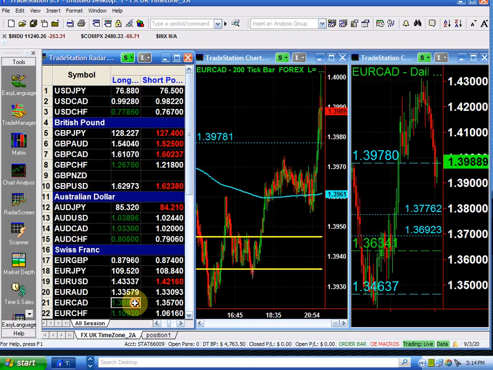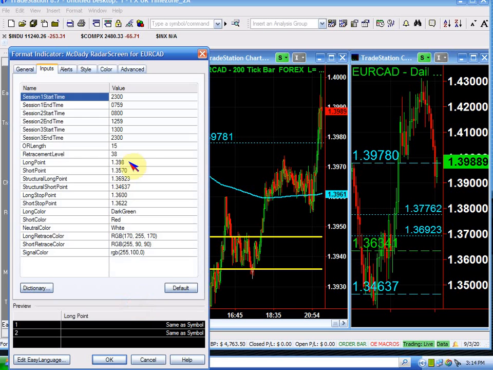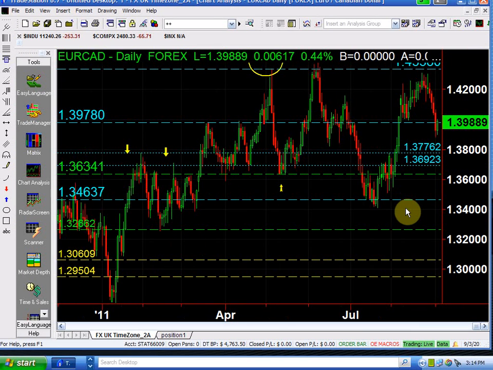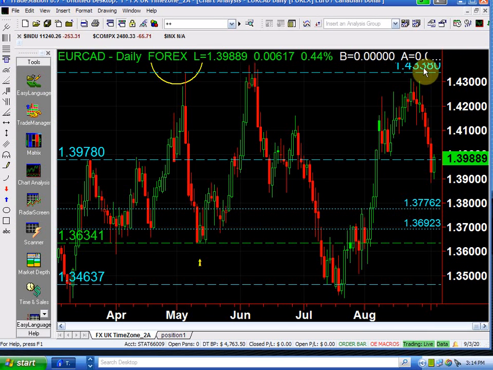So we'll buy the Eurocad above 140, and we are going to sell it below the 139, and our structural short is the 137.62, and let me get the structure long. Well, the structure long is the 143.88.